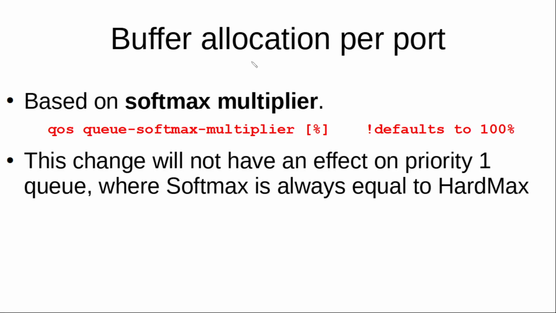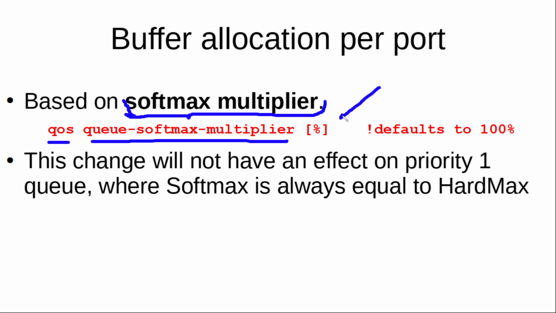So if you want to influence how many soft buffers will get assigned to your ports, you can use the SOFTMAX multiplier. We are going to use this command, QoS Q SOFTMAX multiplier, and then apply a number. This number exists by default and is equal to 100.